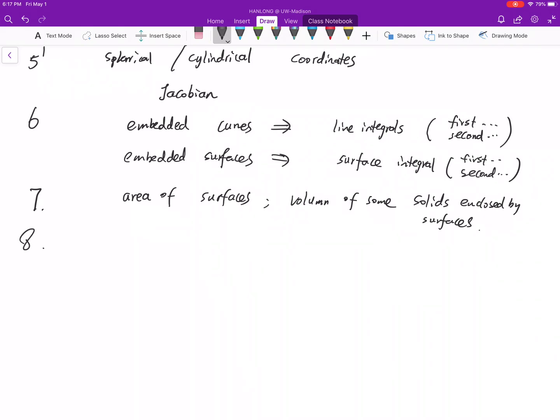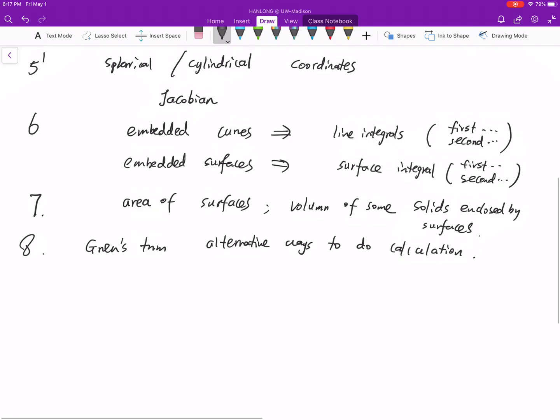Okay, next we talk about the Green theorem, which gives you an alternative way to do calculation. Due to time, we are not able to cover in its full generality the Stokes theorem and the divergence theorem.